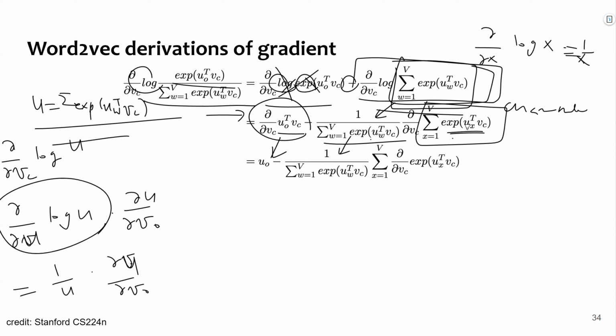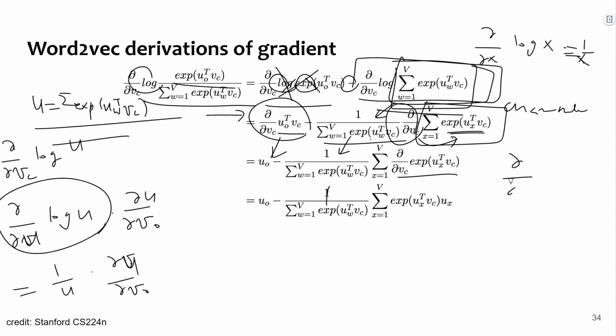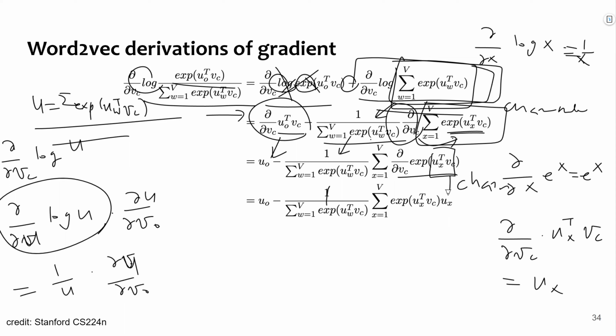And these vectors are independent, so you can put this derivation operator inside this summation like this. And because this one contains some tricky value, we're going to substitute and apply chain rule again. And we know deriving this vector product in respect of v_c is u_x. So we're just putting u_x here.